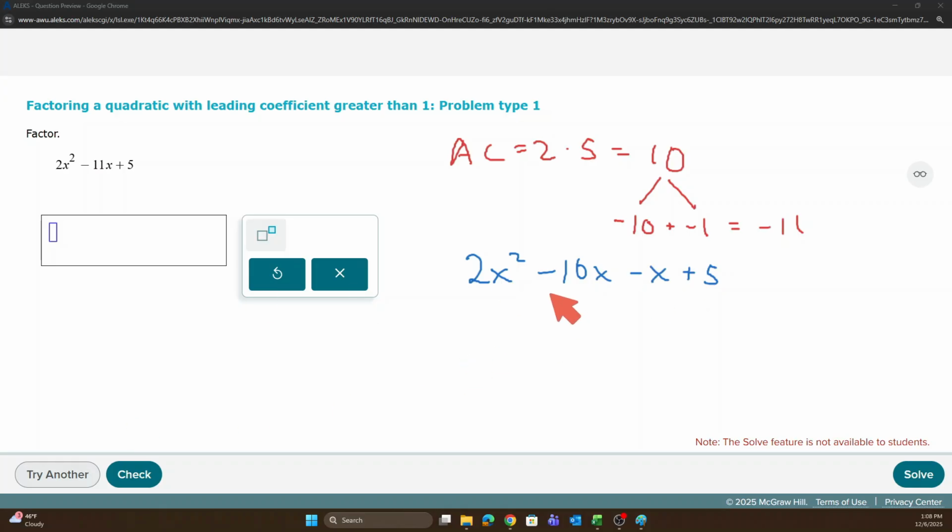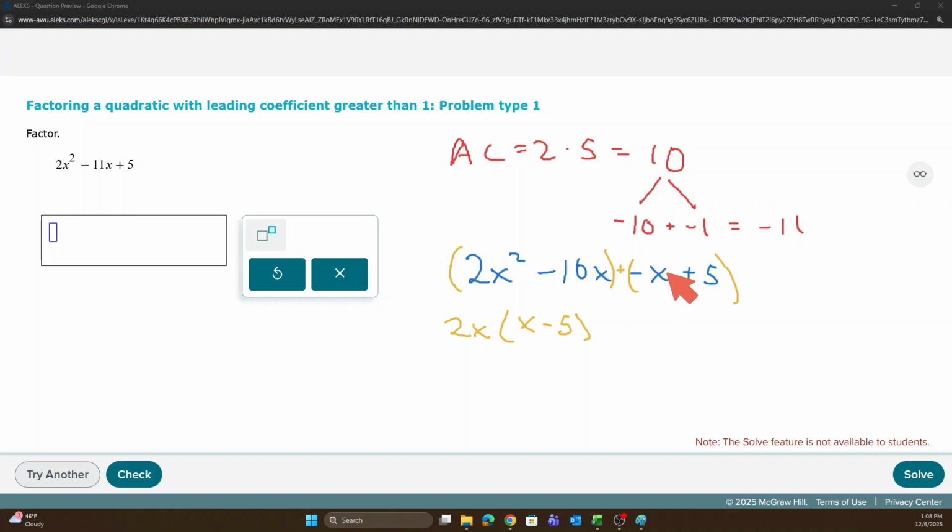And then we're going to go ahead and group these. Since this one has a minus here, we want to keep that sign with it, so we're going to put a plus in the middle between the two sets of parentheses in this way compared to what we've been doing in the past. Now here, our greatest common factor is 2x. So we're going to say 2x, and we're left with an x minus 5.